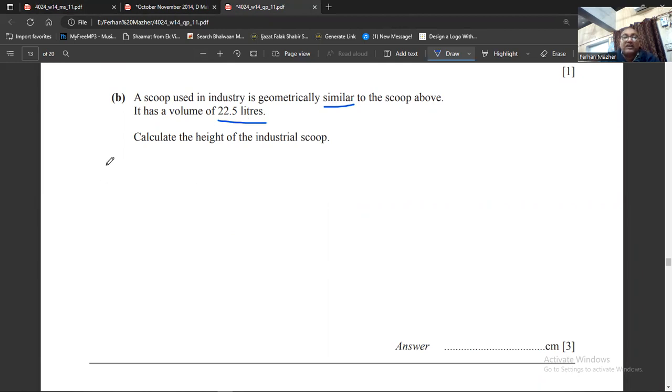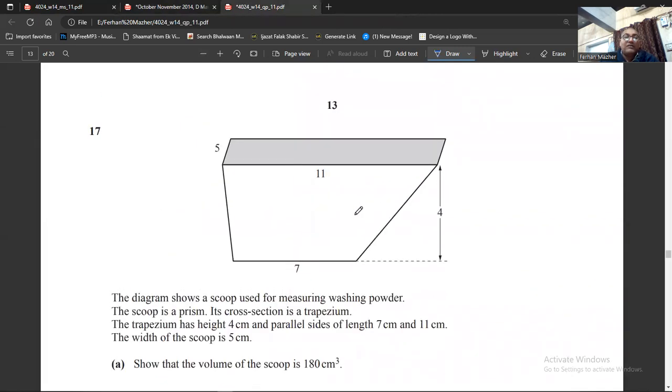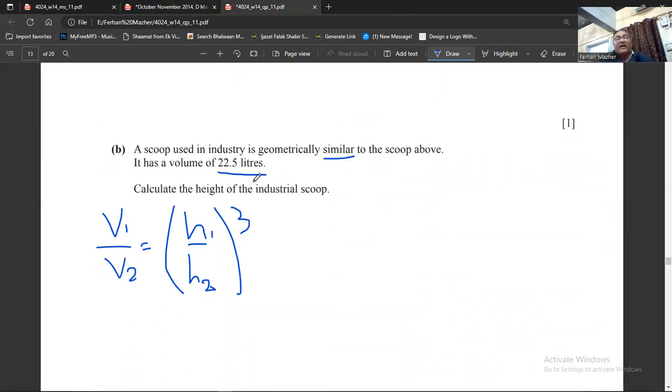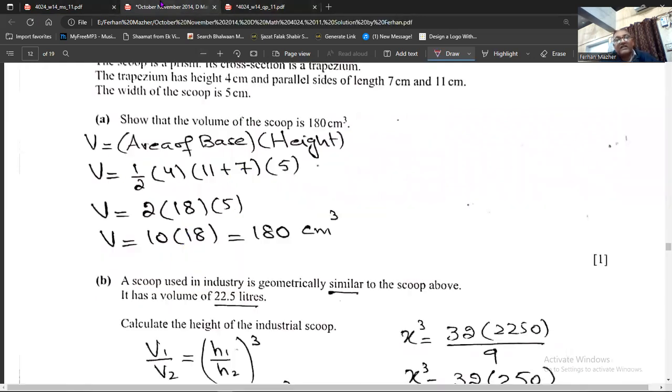Because both the scoops are similar, you know V1 by V2 is equal to height 1 by height 2, and its cube. So I know the volume of this, I know its height is 5, and I know the volume 2, that's 22.5 liters. And I want to find its height.